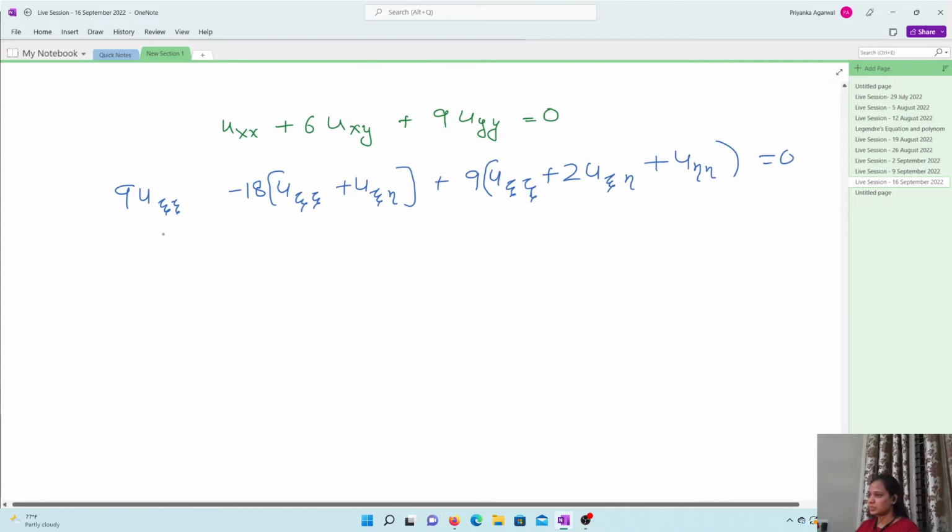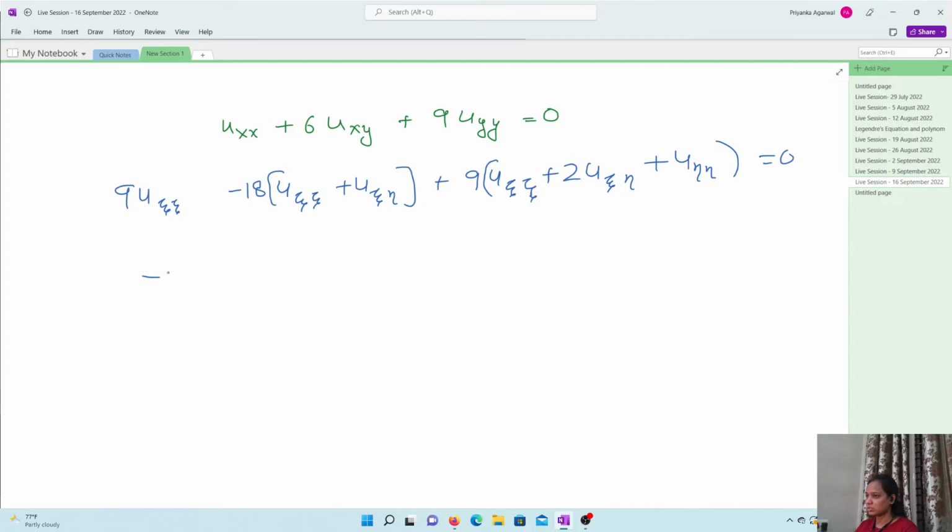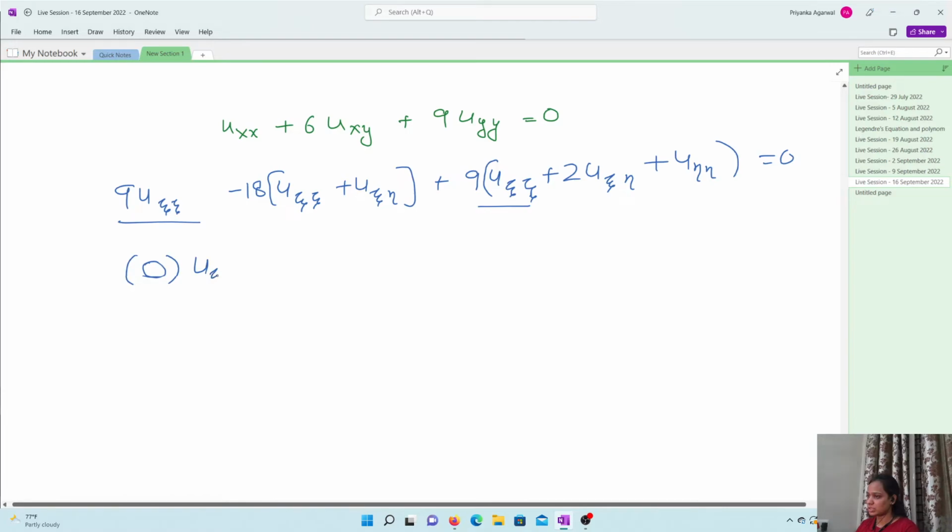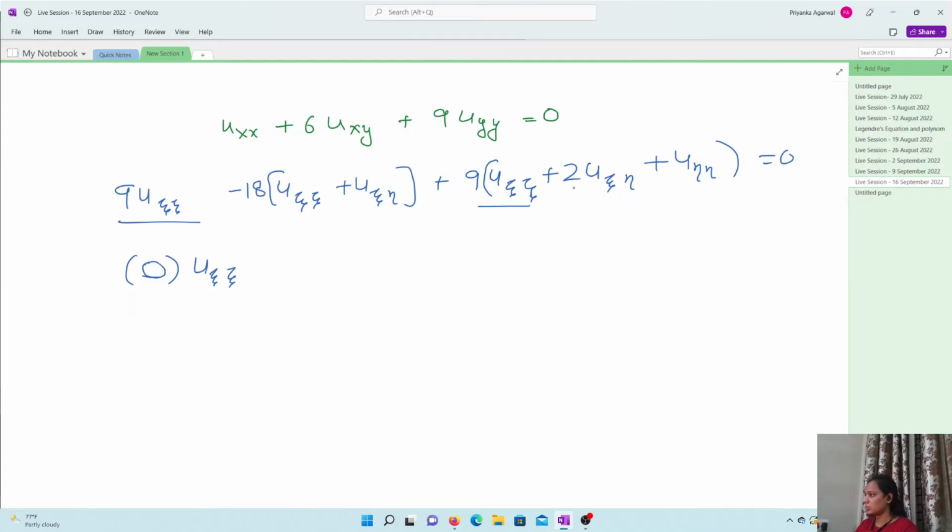So what will this be then? See, this is 9 u xi xi and minus 9 u xi xi, so this is then 0 u xi xi. Then this is minus 18 u xi eta and this is plus that, so again 0 u xi eta.